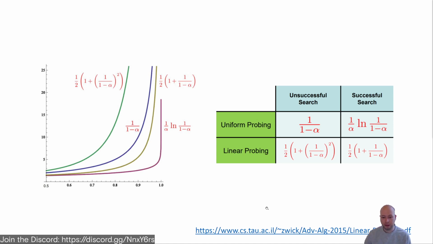But one thing I do want to bring up here, while uniform probing, you can see, is much more efficient, because this curve over here, as you go closer and closer to full load, goes to 1 only asymptotically, very far in the end. The reason for that is that in a way it's like we're double hashing. It's not quite double hashing. We're not hashing it with a different function. We're not hashing it again.